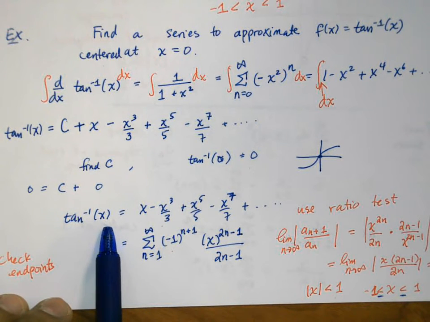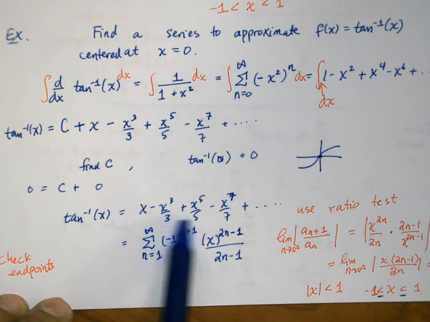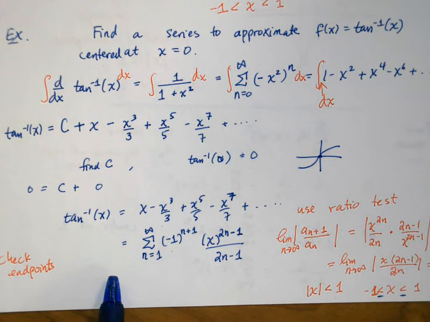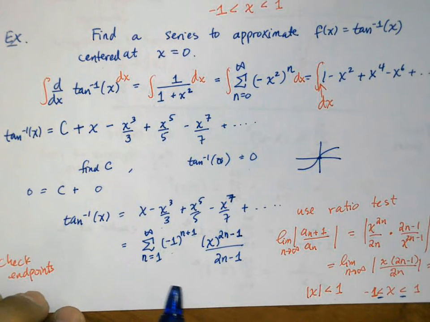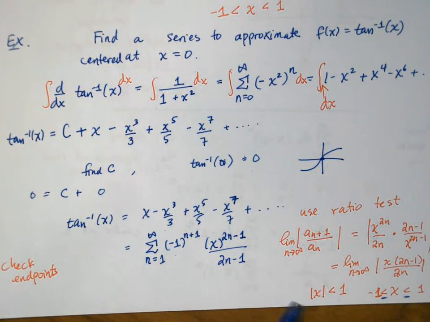So the best way to approximate it is actually to use this series right here, which is derived from a power series. And you'll see some other examples here, as well as in your homework exercises, that ask you to find a series approximation for a function that may be difficult to find the exact values for.